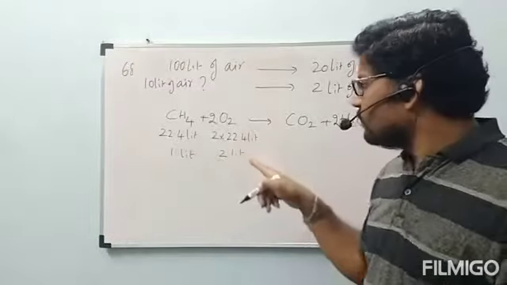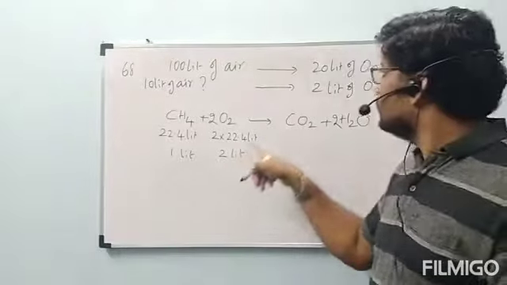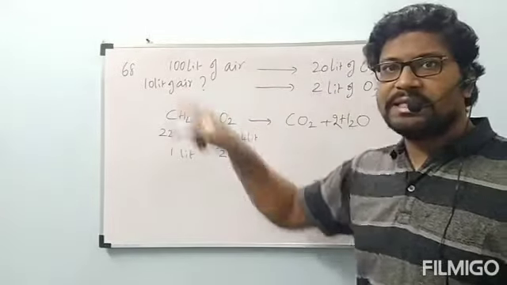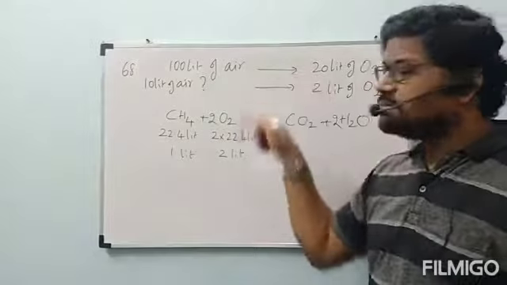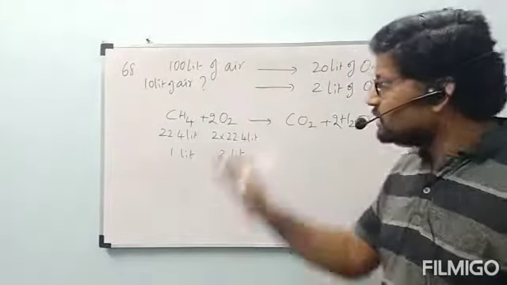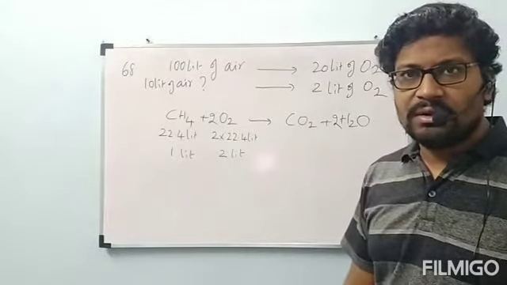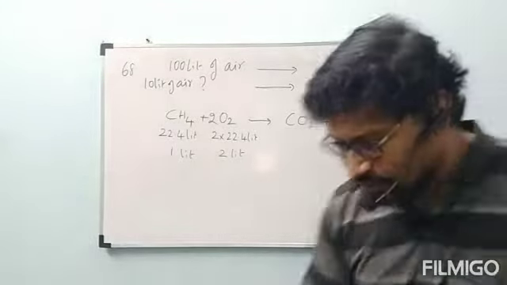According to this ratio, we want 2 liters of oxygen. Then to get 2 liters of oxygen, how much air do we have to take? That is 10 liters. You can also use the cross multiplication procedure, but these are simple calculations, so I am able to do it without cross multiplication. Okay, this is about the 68th one.